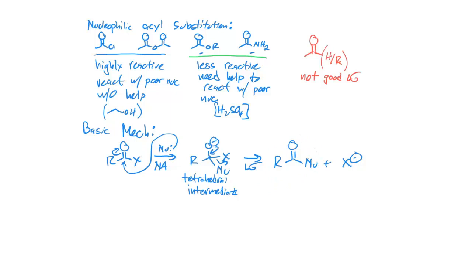We're going to have 2 steps. A lot of students like to condense these 2 steps into 1 step, where they basically show these red arrows, which are not correct. So they show the nucleophilic attack on the carbonyl carbon and then loss of the leaving group.